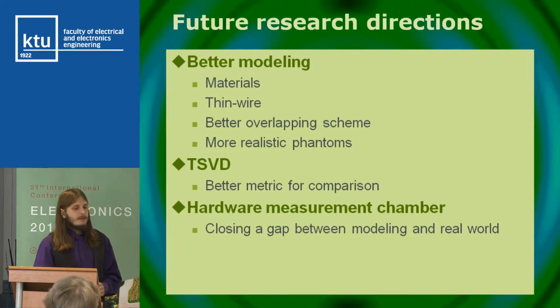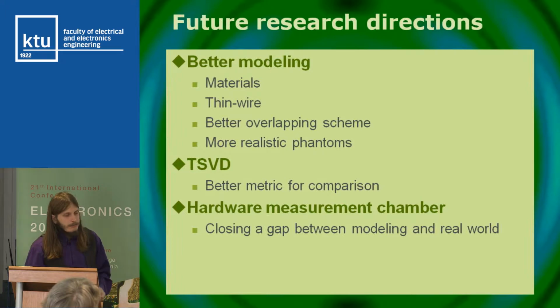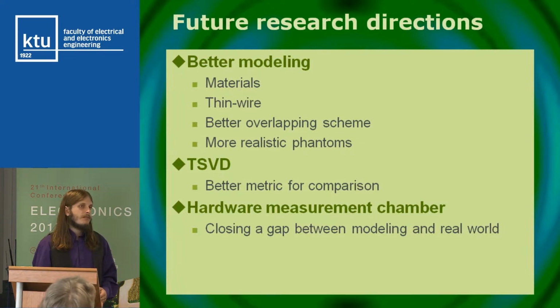The future research directions are better modeling of the materials used, not modeling just at one frequency but over a range of frequencies; then a better thin wire model for antennas in FDTD, then a better overlapping scheme for antennas to make even denser antenna arrays; and to use more anatomically realistic phantoms, because microwave tomography is mostly used in biomedical applications, so it is better to scan some real part of the body to have realistic situations.